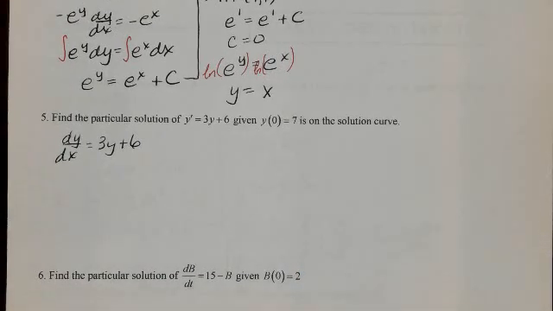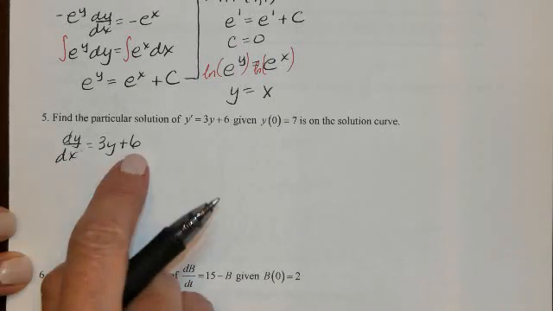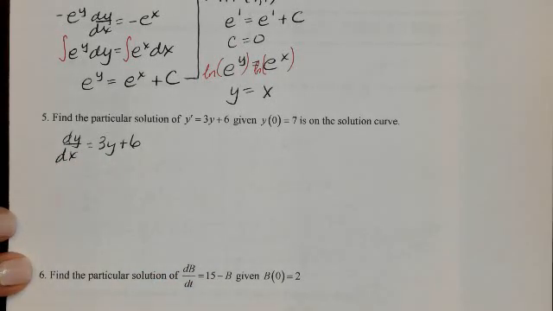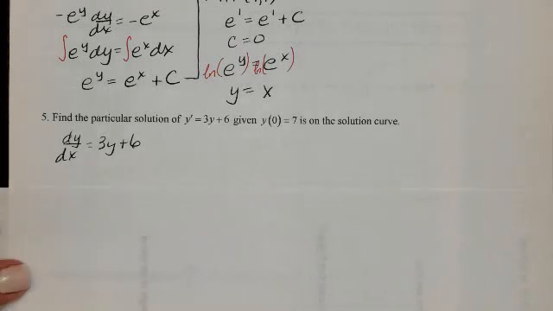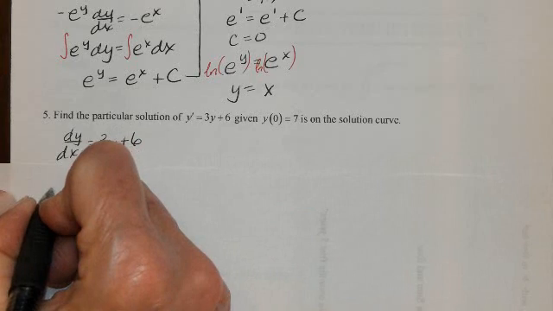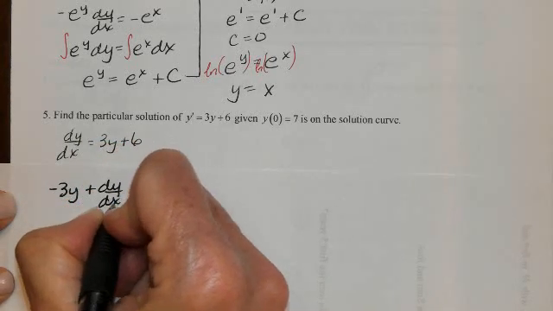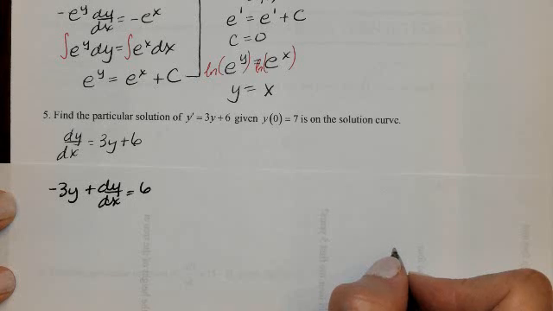Okay, here is where kids start to do funky things with what they bring over, how they separate this. I say, okay, how do we get all of our y's over here? And usually in class, I'll have a student say, subtract it over. Well, if I subtract it over, I get this.